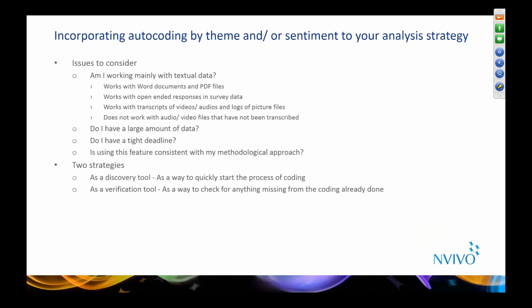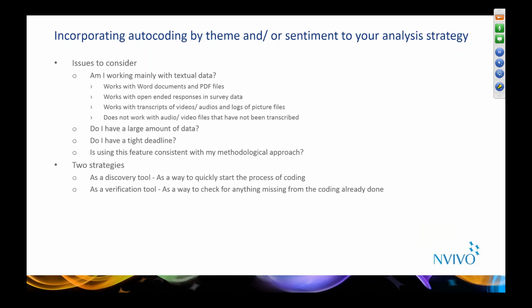Also, do you have a large amount of data? And do you have a tight deadline? If you have both of these, then I do recommend that you seriously think about incorporating autocoding by theme and sentiment into your strategy. But of course, you have to step back and think about whether this feature is consistent with your methodological approach. That's very important, and that should be your guideline. But there are ways that you can use it to make it consistent for most approaches.